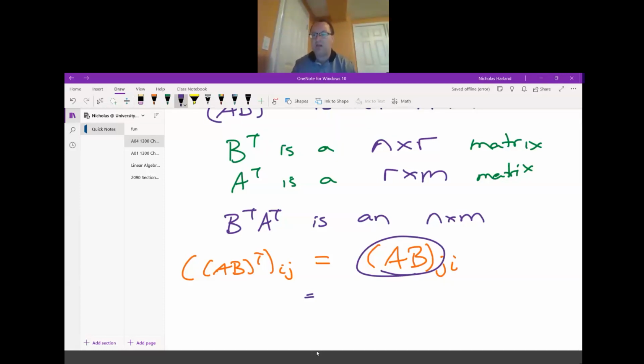If we want to find the jth row, ith column entry of A times B, how do we find that?